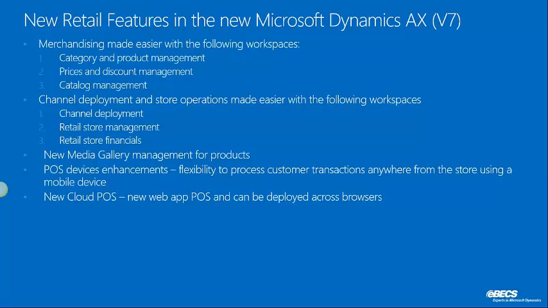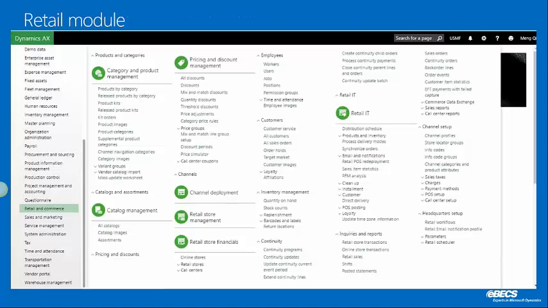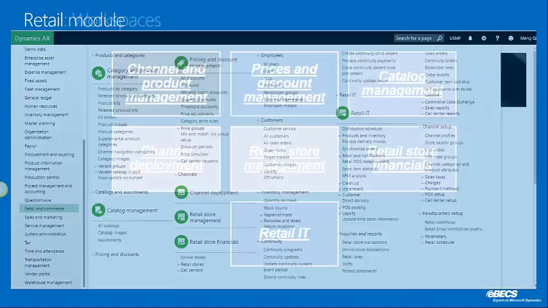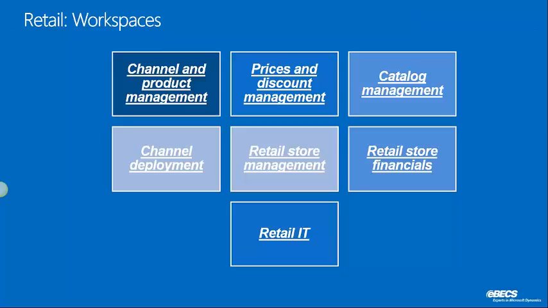You do have a new media gallery, so you have enhancements to promoting your product images. And there's also a new cloud POS. And that's the retail module again. Just want to show you everything that it includes and all the different workspaces.